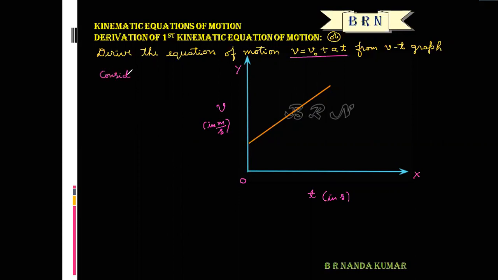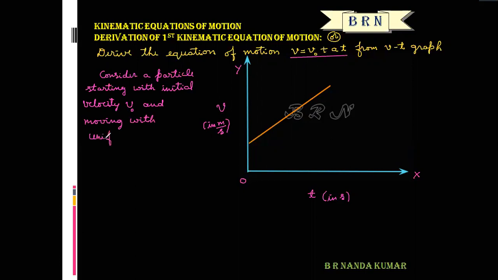Consider a particle starting with initial velocity, that is v0, and moving with uniform positive acceleration.